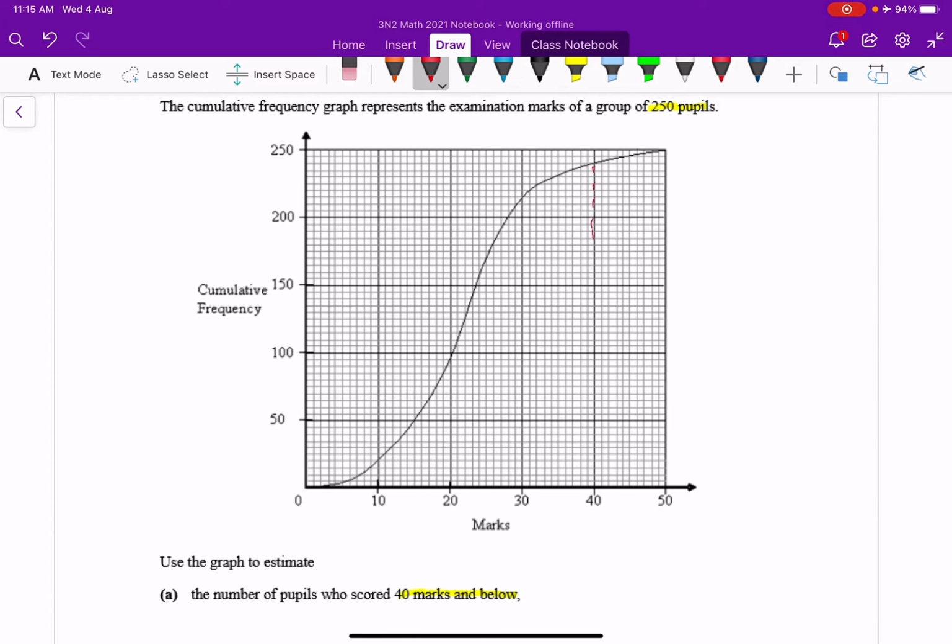Draw a dotted line using pencil. I'm going to erase it later on my screen. You can use pencil also. Draw the dotted line on the mark 40, because it says 40 and below. How many students are there 40 and below? I'm going to draw a dotted line across.